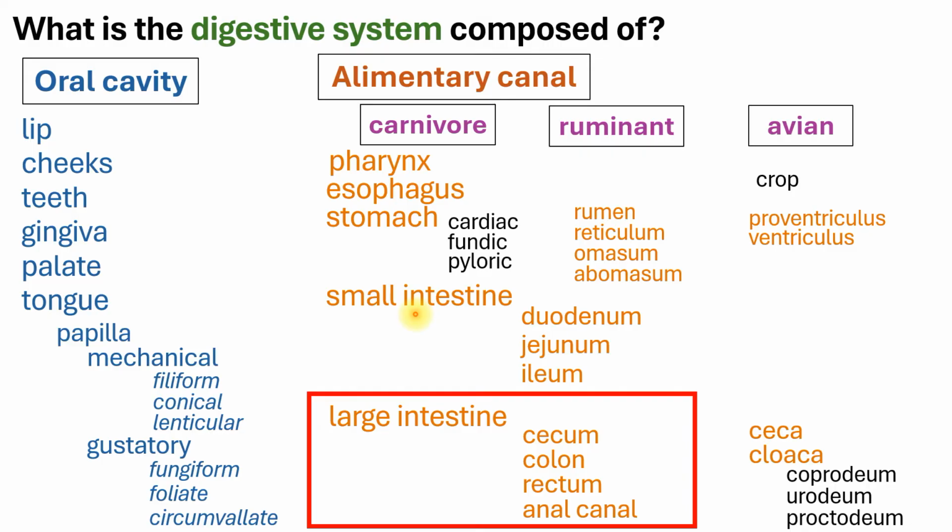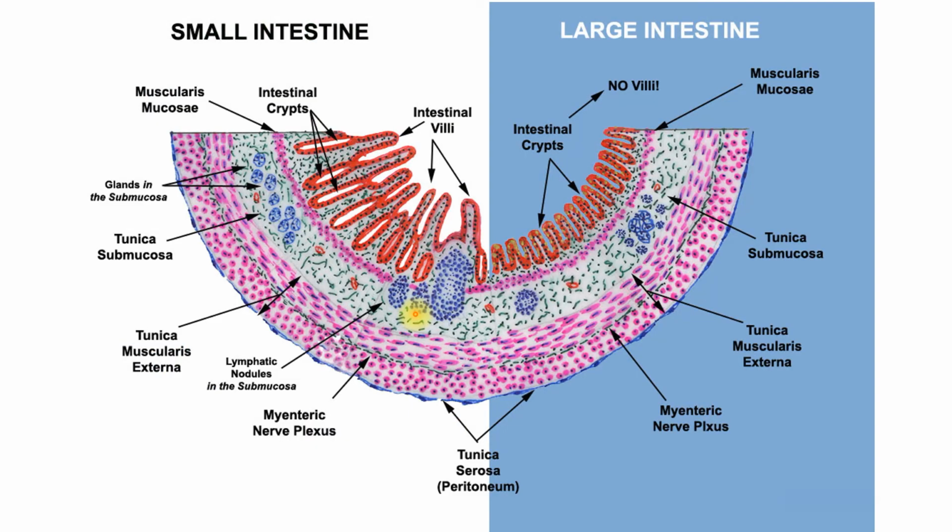Okay, next let's go to the large intestine. So again, we said that in the stomach there are no villi, but in the small intestine there are villi. In the large intestine there are no villi again. What is only remaining are your crypts or intestinal glands.